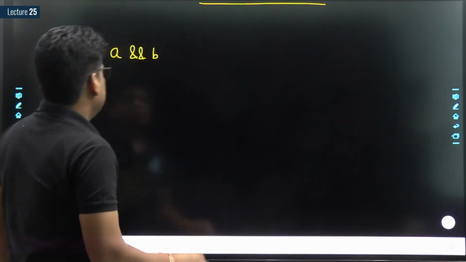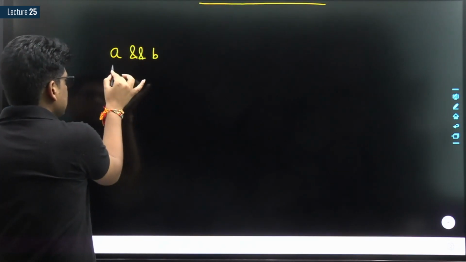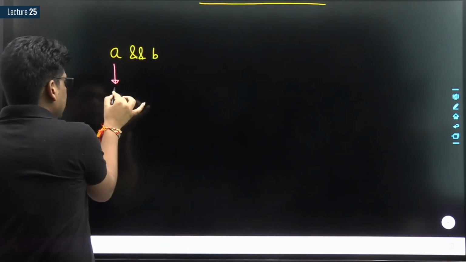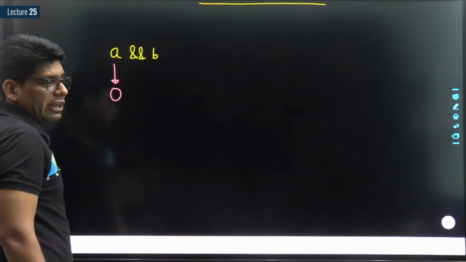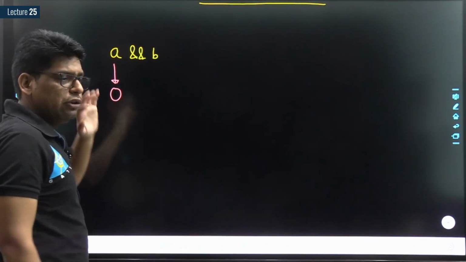Let us suppose it is given that the value of A is 0.